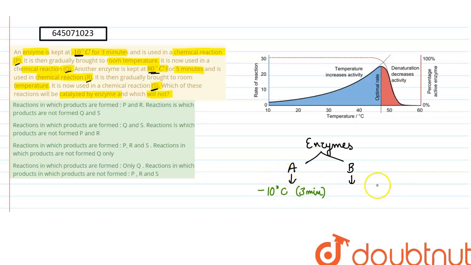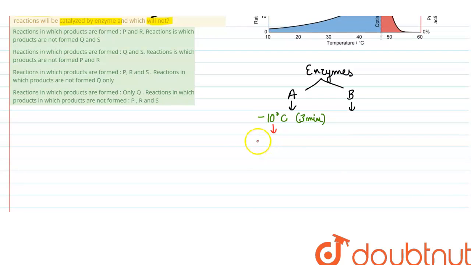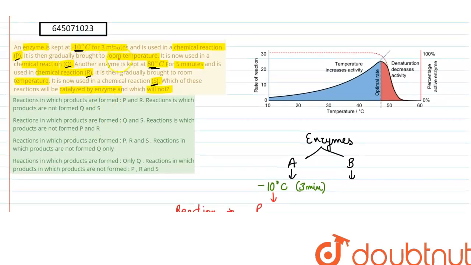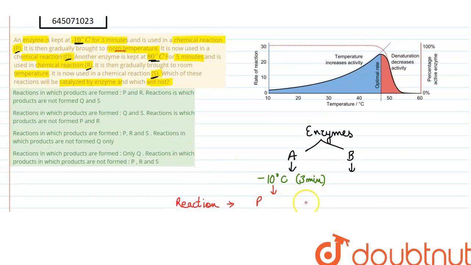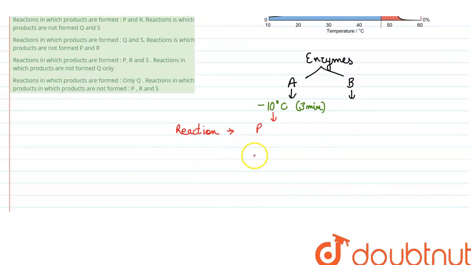And then it is used in a chemical reaction which is called P. And after that, the question says that gradually it is then brought to room temperature and now used in chemical reaction Q. So after P, the same enzyme is used in the reaction Q, but here it has been brought to the room temperature, right?